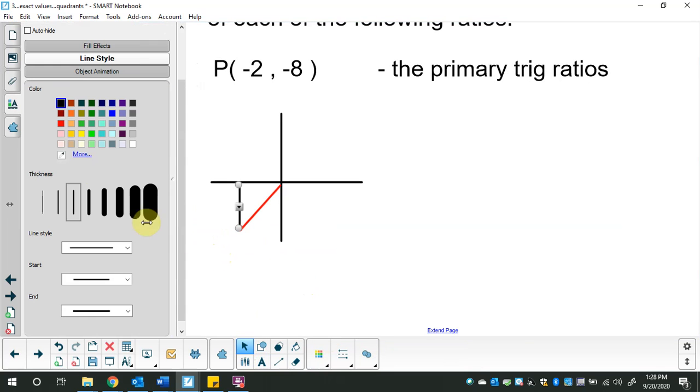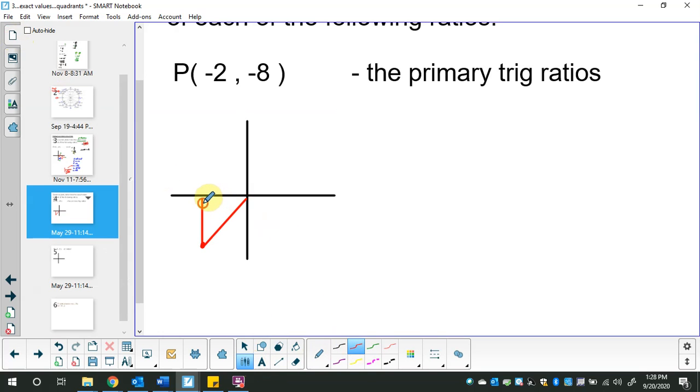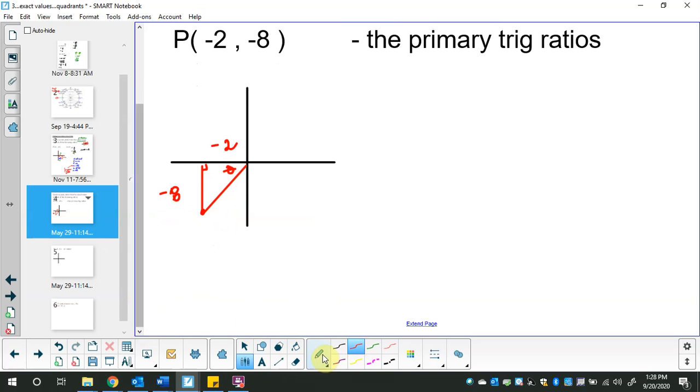Technically, in the last question, although I did this, I should call this theta. That isn't something I would take off marks for. This is negative 2, this is negative 8. Again, I am looking for the hypotenuse, so I'm going to do that down here.